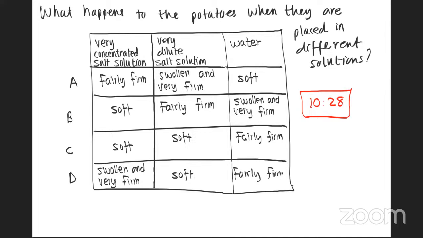Okay, so Aka correct, Catherine correct, Rebo correct. Okay, 10:28, I'll pick someone.